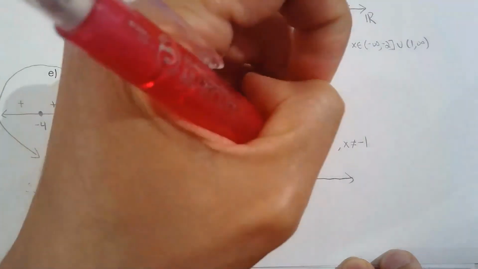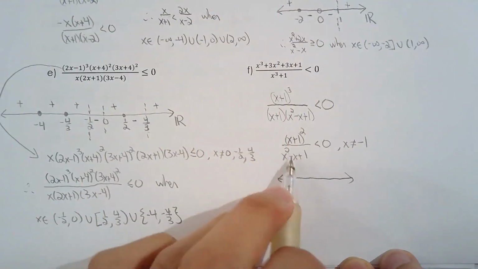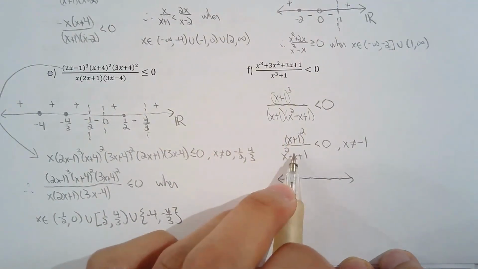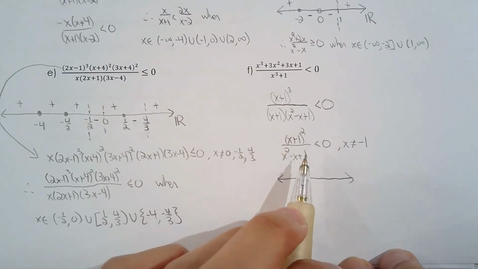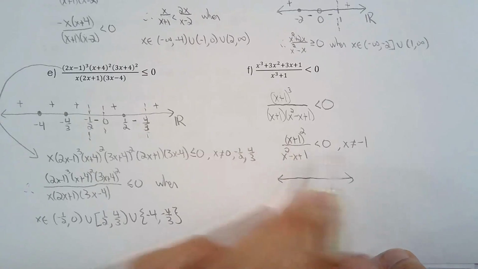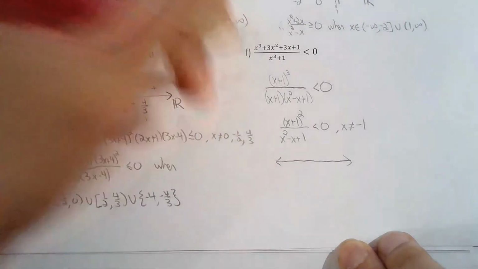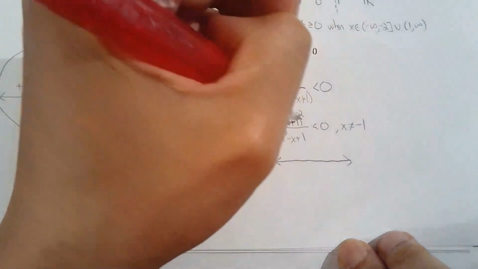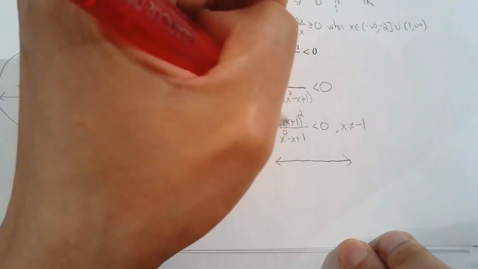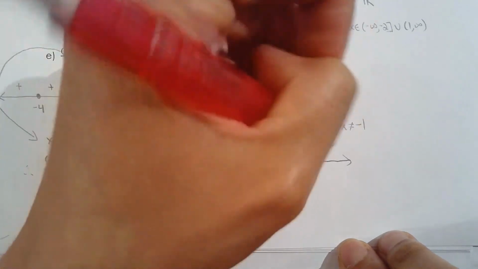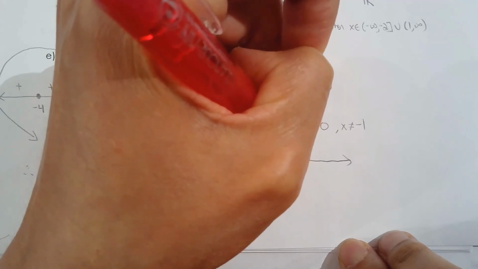Alright, so if you look at the denominator here and find the discriminant, you realize the discriminant is negative. So you're not going to get any values where it's undefined, except for the negative 1 that we stated earlier, because we cancel out the common factor of x plus 1. So negative 1 is also what it would have been. It would have been an x-intercept, but because of the restriction, you have a hole on the x-axis.